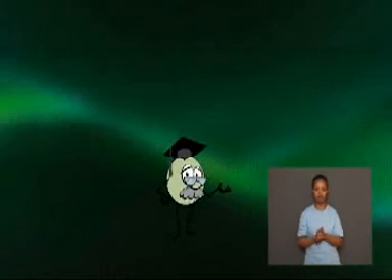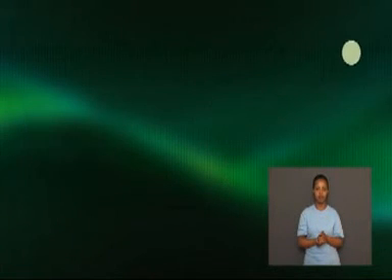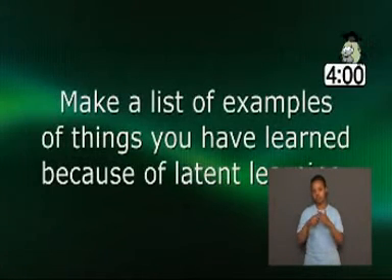Students, latent learning is an important part in how we behave. For our next activity, make a list with examples of things you have acquired through latent learning. Students, let's get ready. Begin.